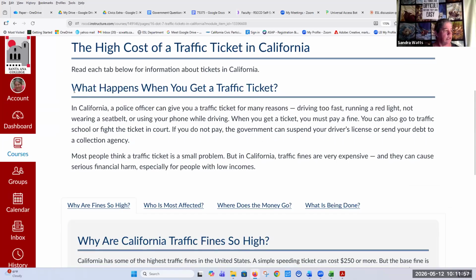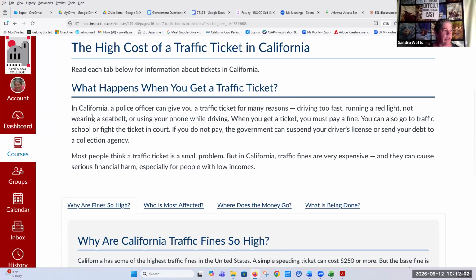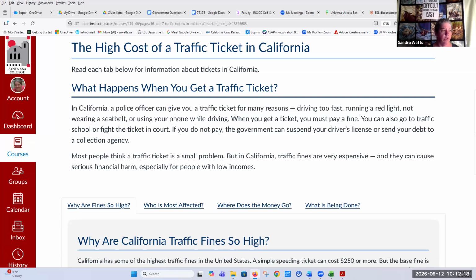What happens when you get a traffic ticket? In California, a police officer can give you a traffic ticket for many reasons: driving too fast, running a red light, not wearing a seatbelt, or using your phone while driving. When you get a ticket, you must pay a fine. You can also go to traffic school or fight the ticket in court.